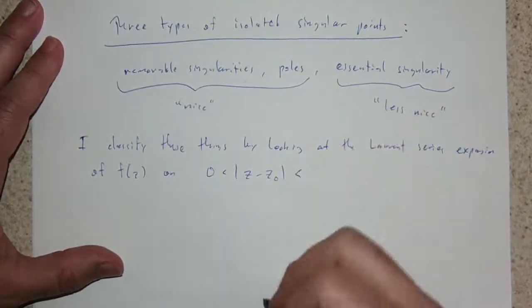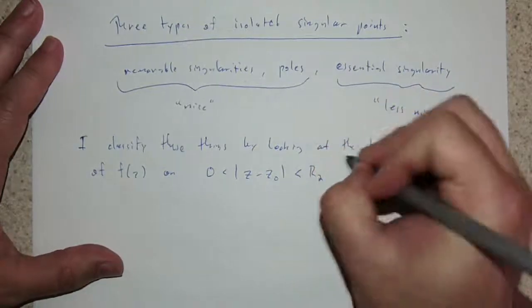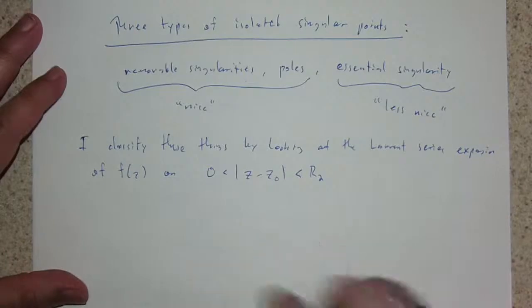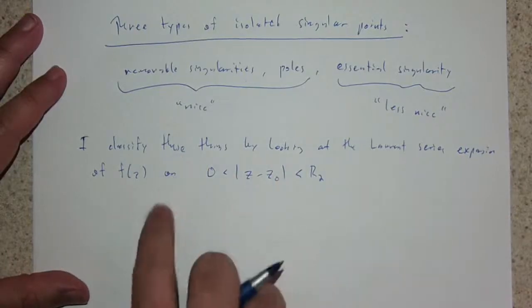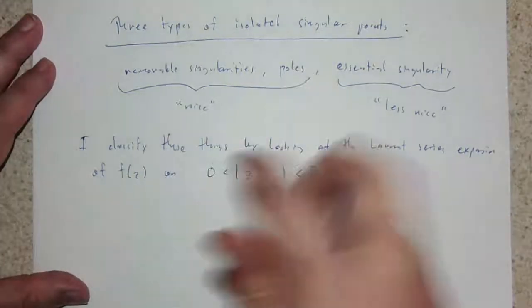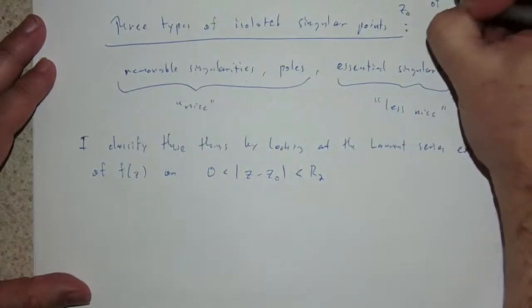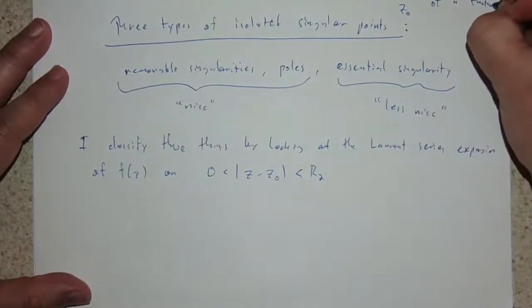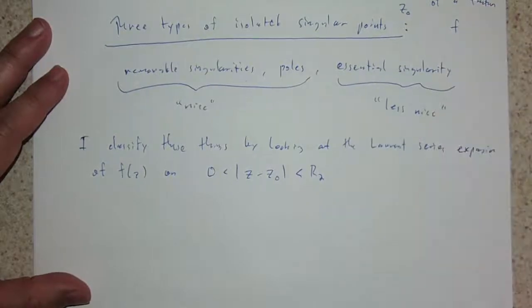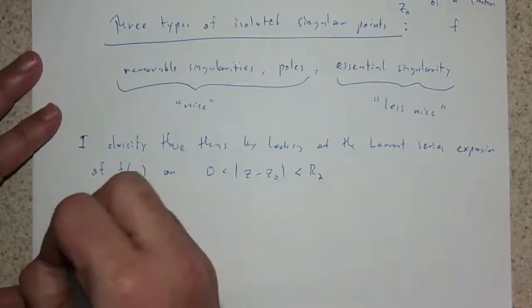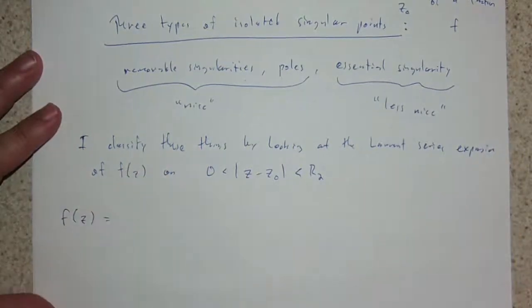So if I'm talking about an isolated singular point z0 of a function f, then what does the Laurent series representation look like?